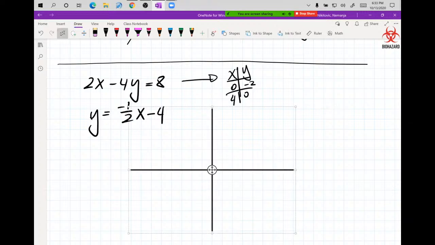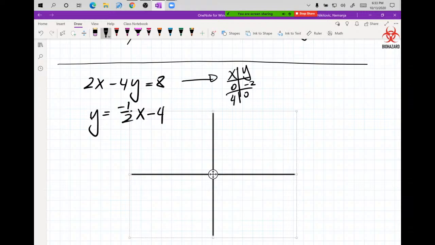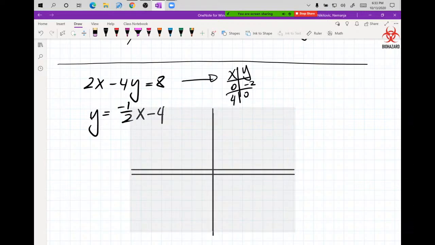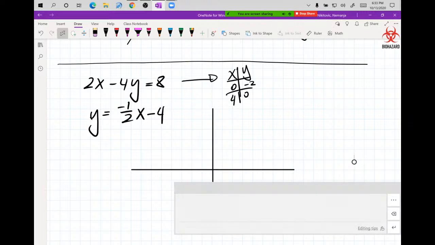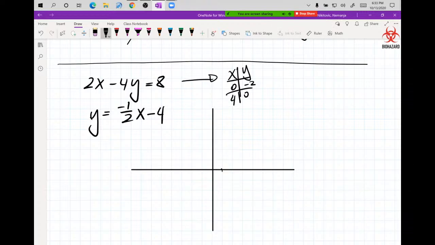So we have x is 4: 1, 2, 3, 4 on x, and then -2 on y, and we connect. So that's our first line.